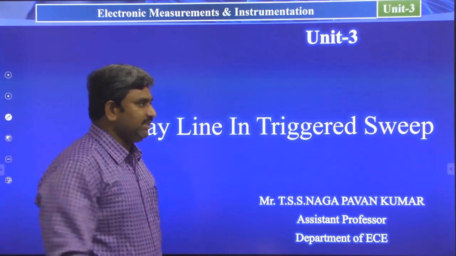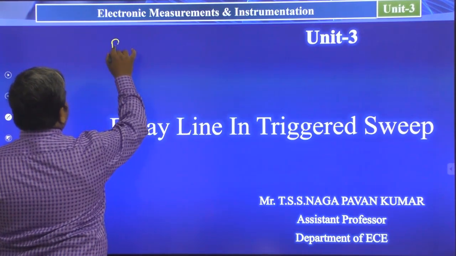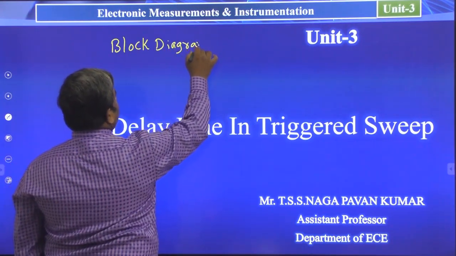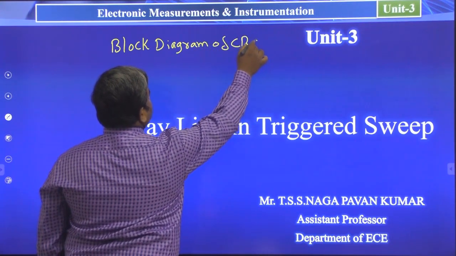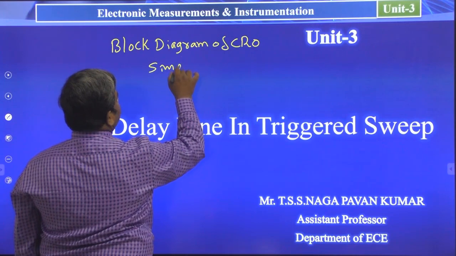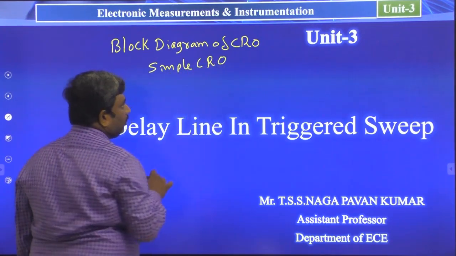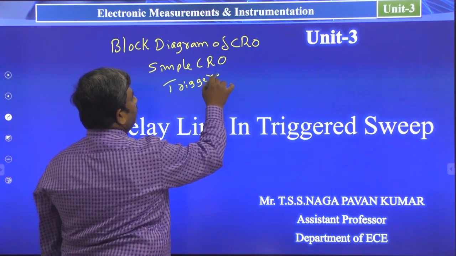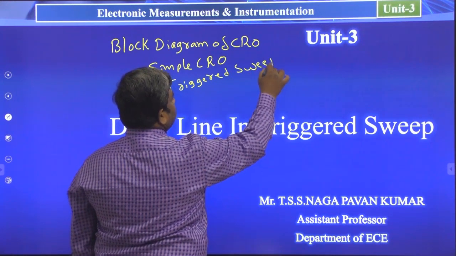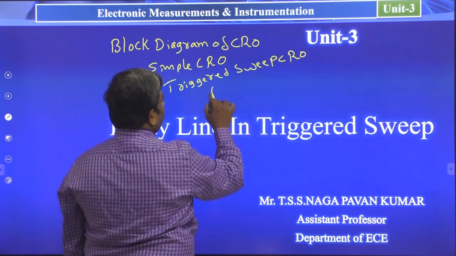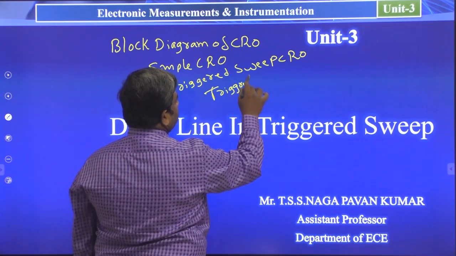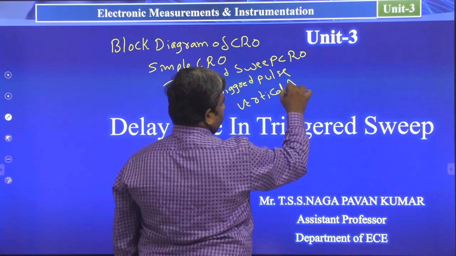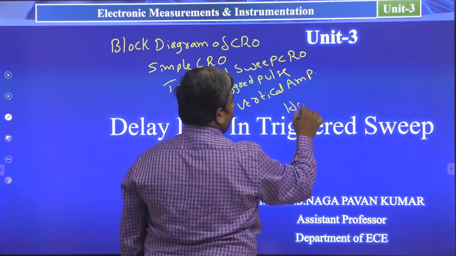In the last classes we have seen the block diagram of CRO, simple CRO, triggered sweep CRO, triggered pulse, vertical amplifier, horizontal amplifier.